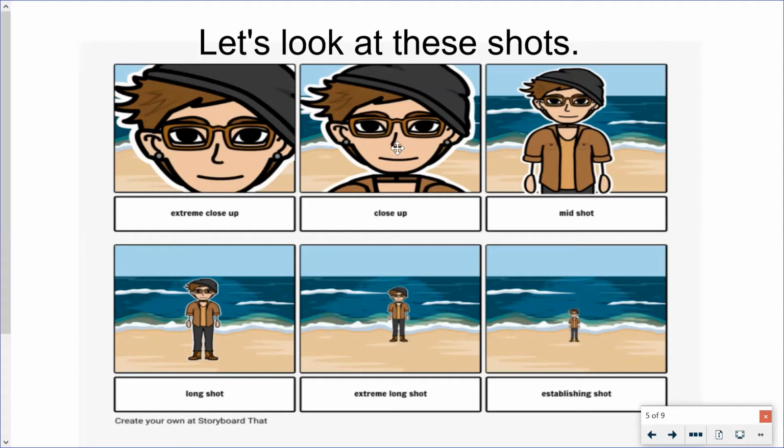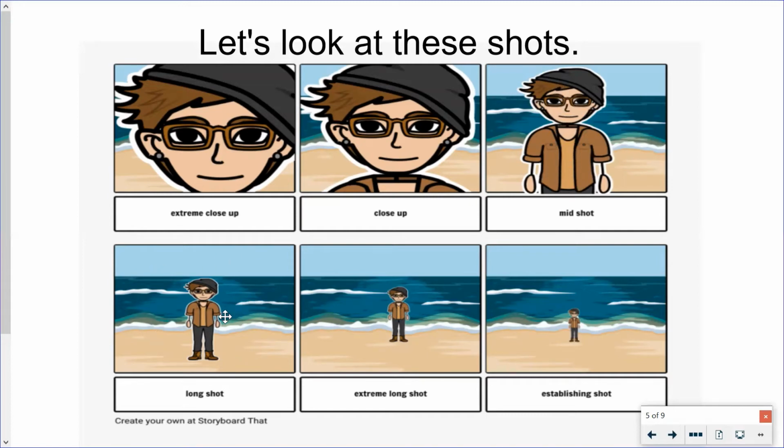That means the photographer might have zoomed out a little bit, and now you are able to see the person's neck and a little bit of his shoulders. Then you have the mid shot. In this one, the photographer might have zoomed out a bit more, and you can now see the person's body as well, along with his head and some more of the background.